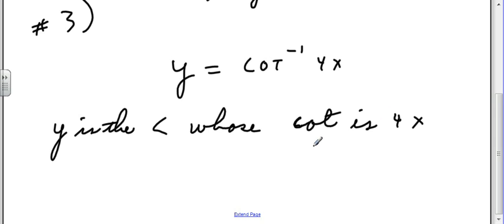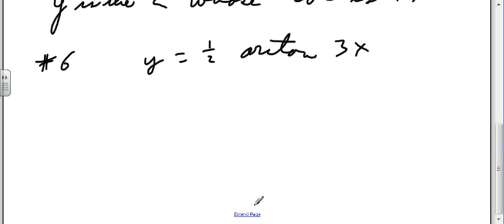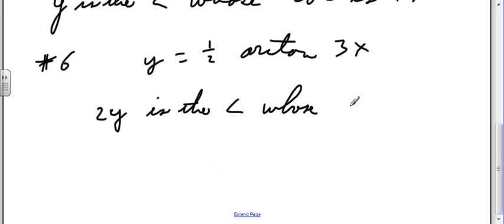Oh, okay. Look at number 6, because we're there. y is 1/2 the arctangent of 3x. And I say, well, 2y is the angle whose tangent is 3x.